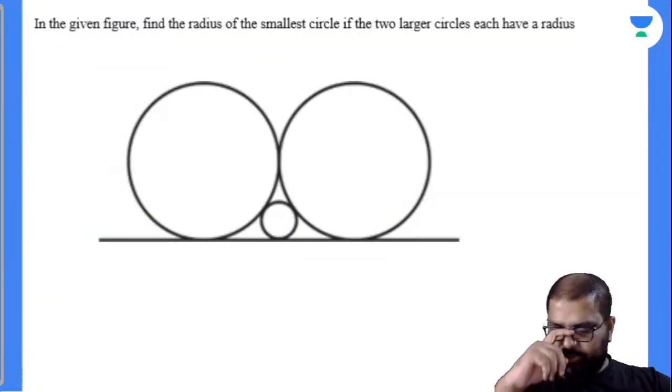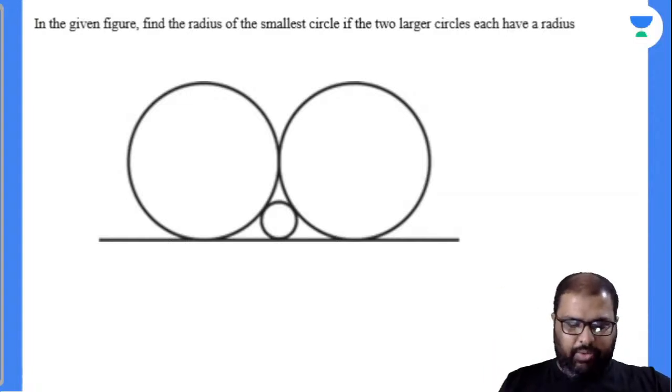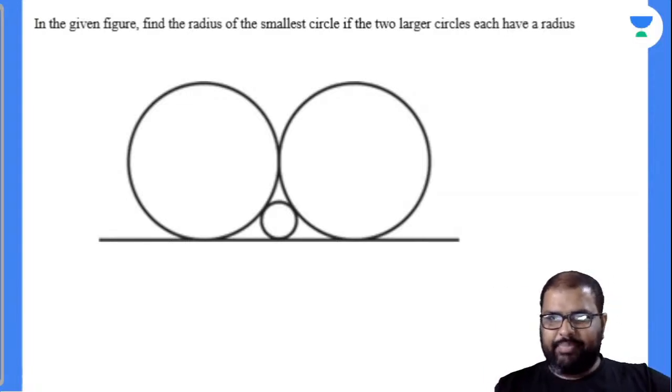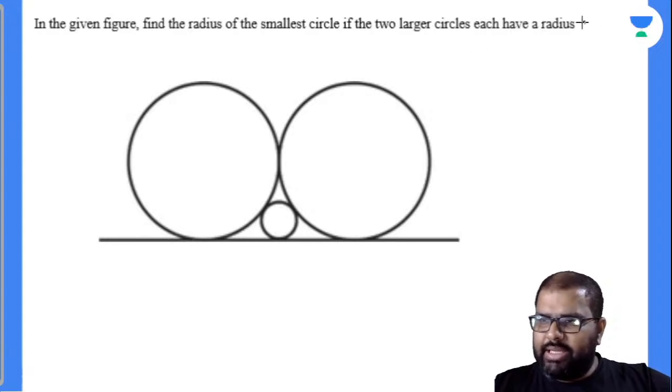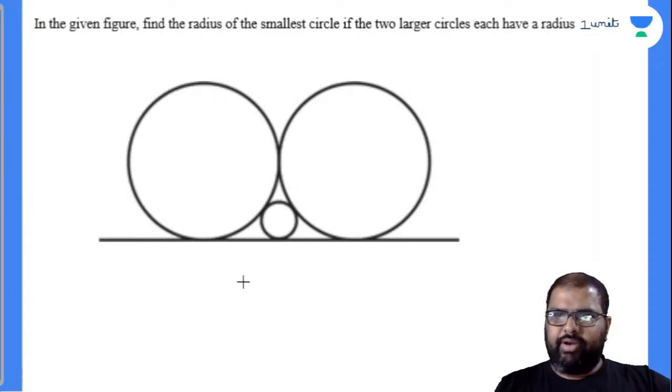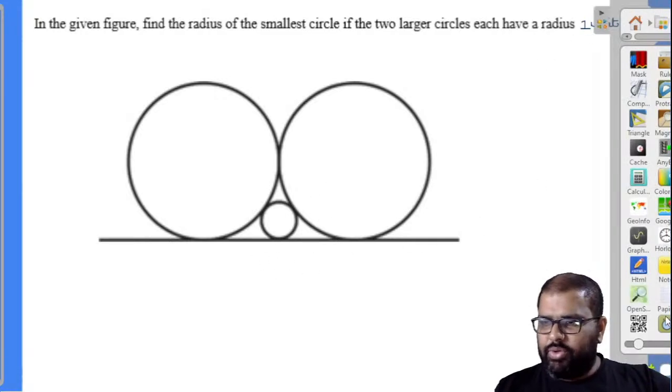This is a previous question, not exactly the PYQ. The diagram was not given in the examination, so I have given this diagram. In the given figure, find the radius of the smaller circle, if two larger circles each have a radius of 1 unit. You are asked to find the radius of the smaller circle. So try this. I'll be giving you 2 minutes for this.